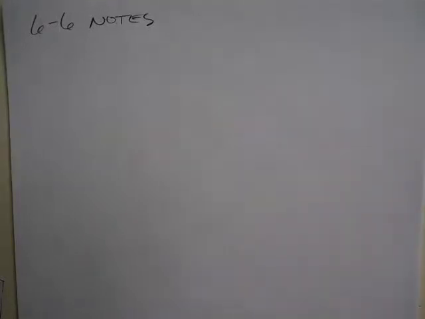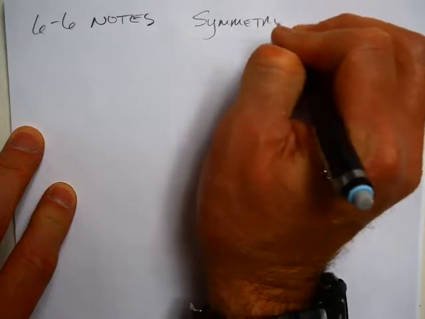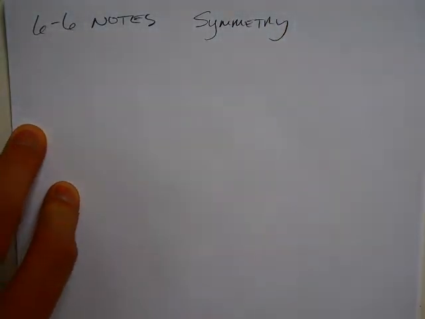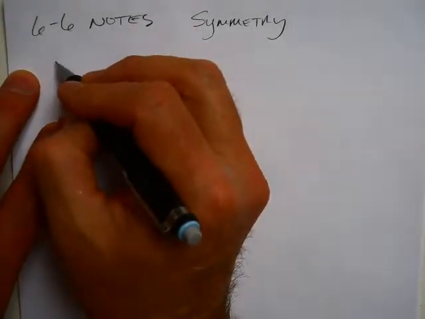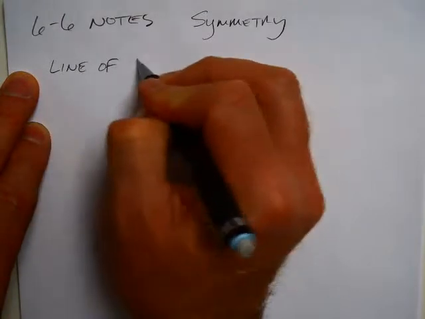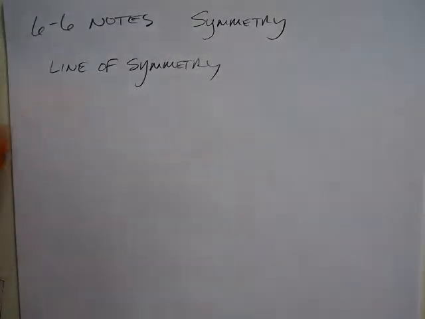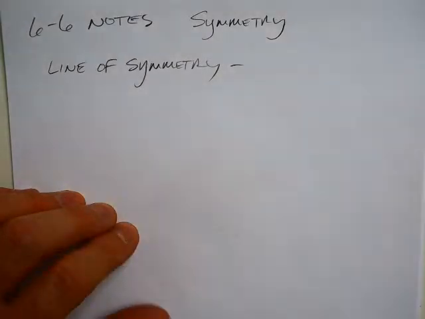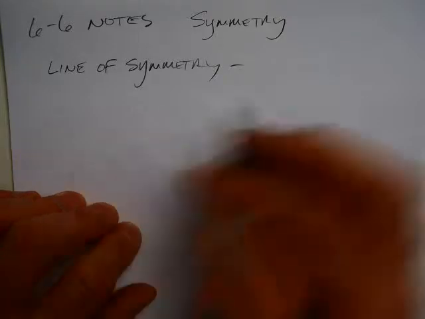Six notes, we're going to look at symmetry. So we've learned about a line of symmetry. A line of symmetry is any line that cuts a shape so that two equal parts are created.